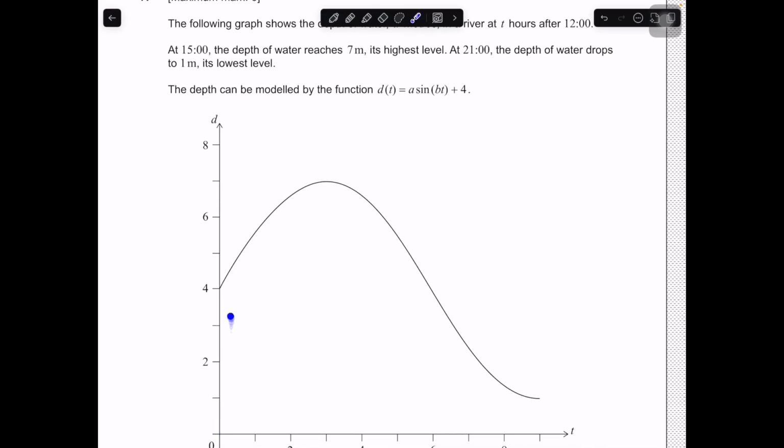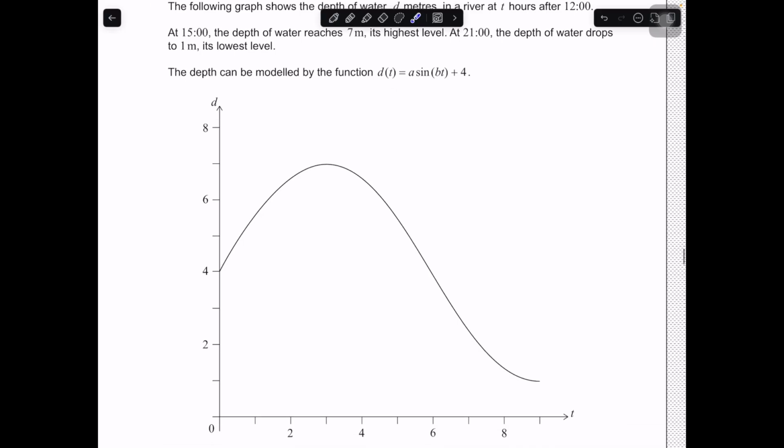So if this is 0 after 12, this is 12 o'clock. At 15 hours, so 3 hours after 12, we reach a maximum of 7. So here's 7. Its highest level. At 21 hours, so this would be 9 hours later, the water drops to 1 meter, its lowest level.